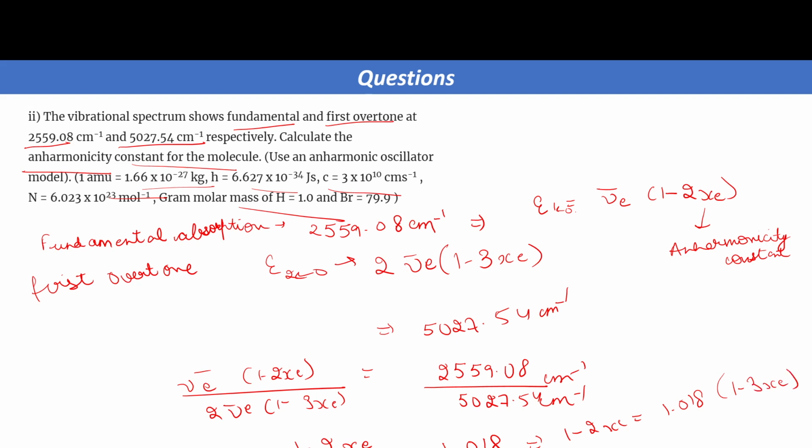So it will be 1 minus 2 Xe equals 1.018 minus 3.054 Xe. So after solving, what is the value of Xe? It will be 0.0171.